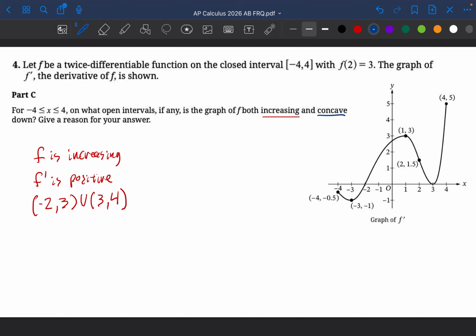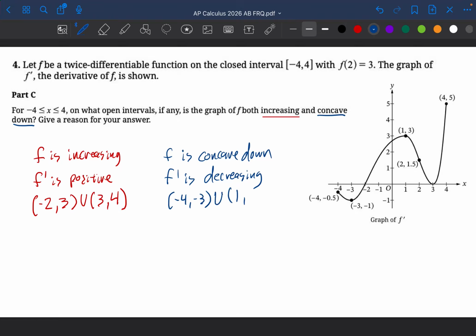But then we have to consider when it is concave down. So f is concave down. That means f prime is decreasing. So we have from -4 to -3, and then from 1 to 3.